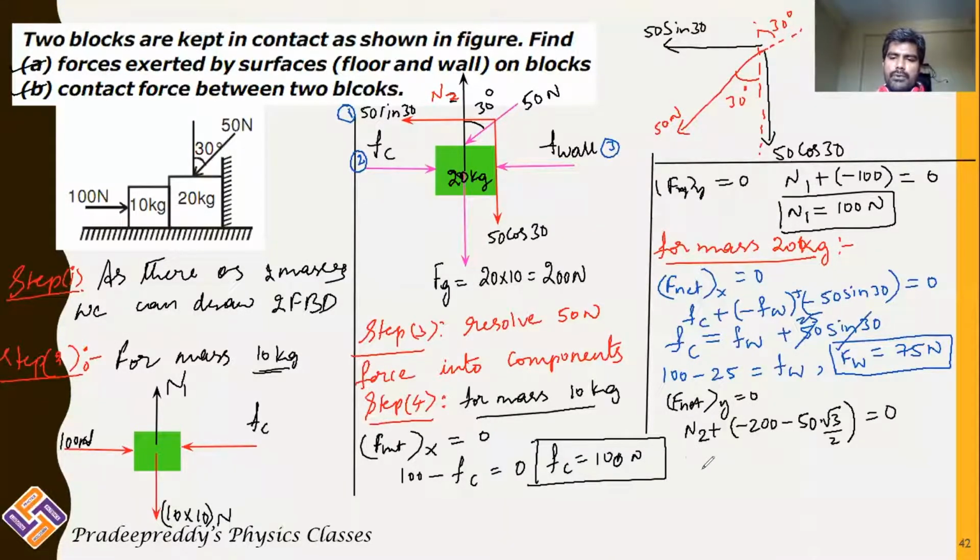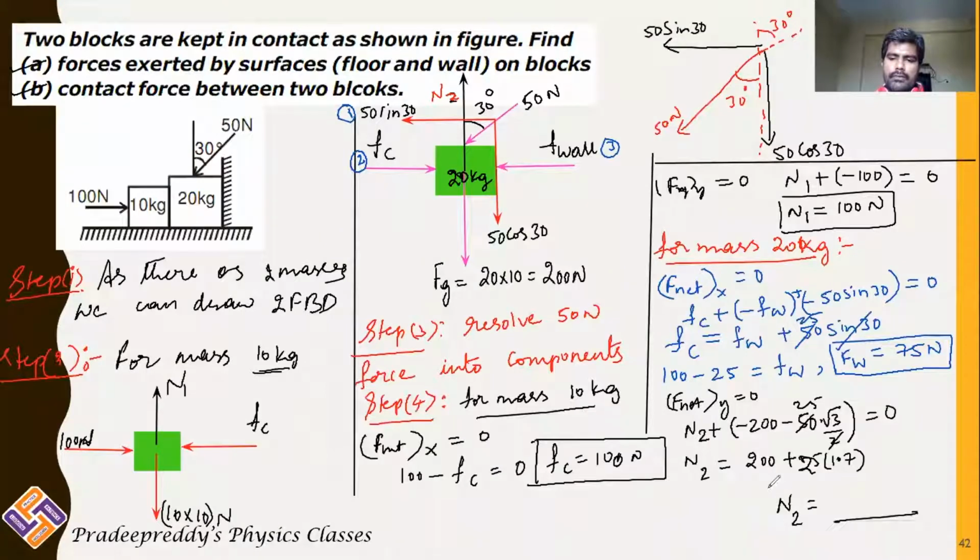Right? This gives you N2 is equal to 200 plus 25 into root 3. Root 3 is 1.7. Okay. So if you multiply this 25 into 1.7, you will be nearly getting 42.5 approximately.